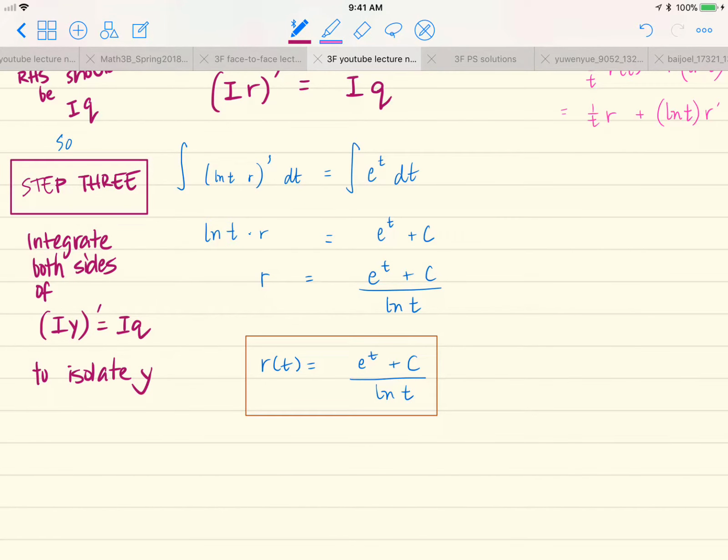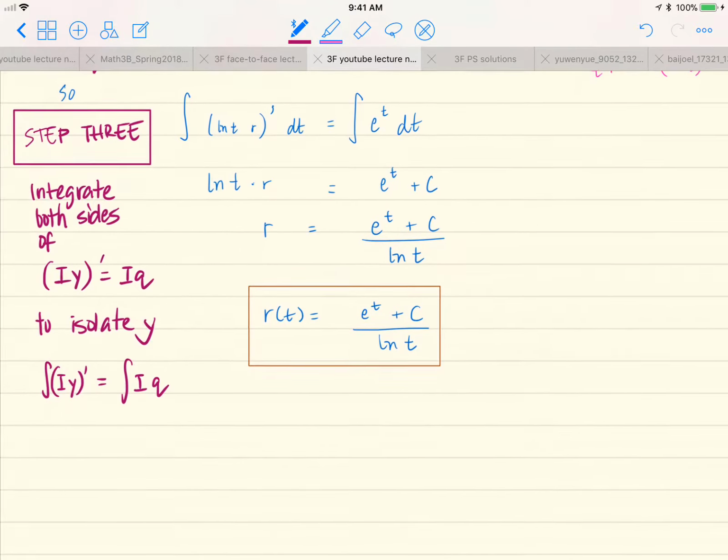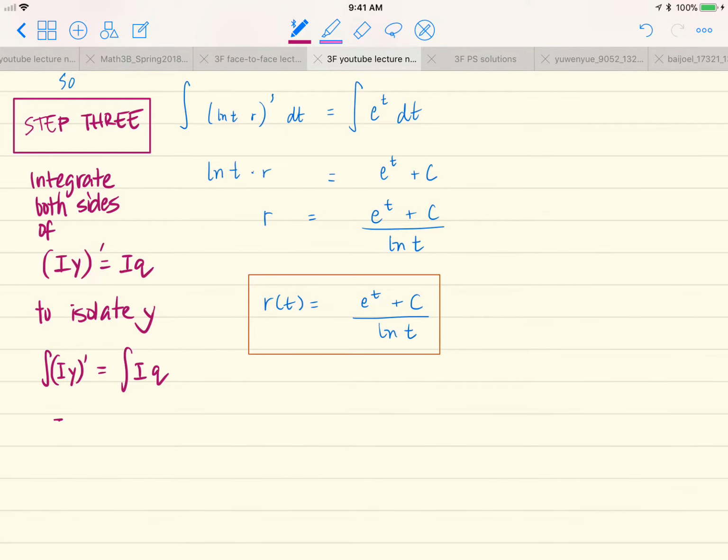So you're going to integrate and then you're going to divide. You'll get the integral of I y prime equals the integral of I Q. Then using the fundamental theorem of calculus, I y must be the integral of I Q. Now here you should have plus a constant.